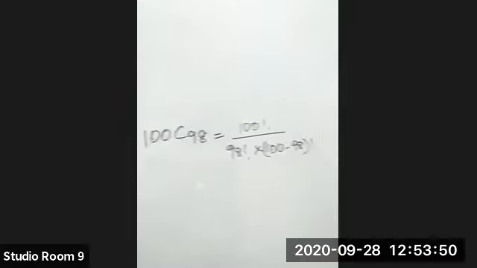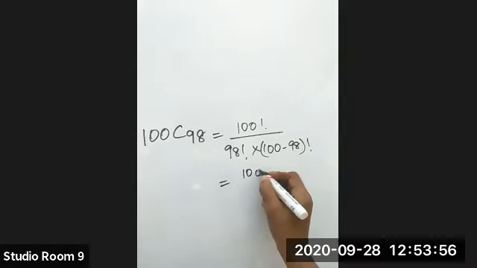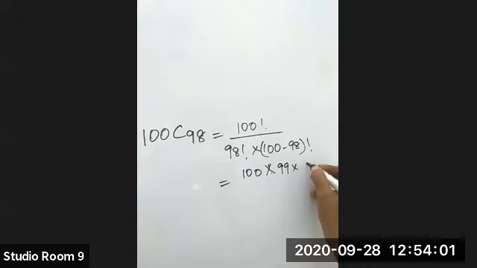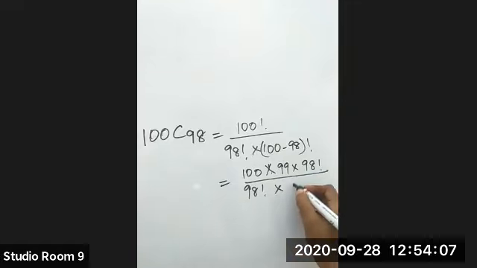N factorial by R factorial into N minus R factorial. So this is the same as 100 into 99 into 98 factorial by 98 factorial into 2 factorial.